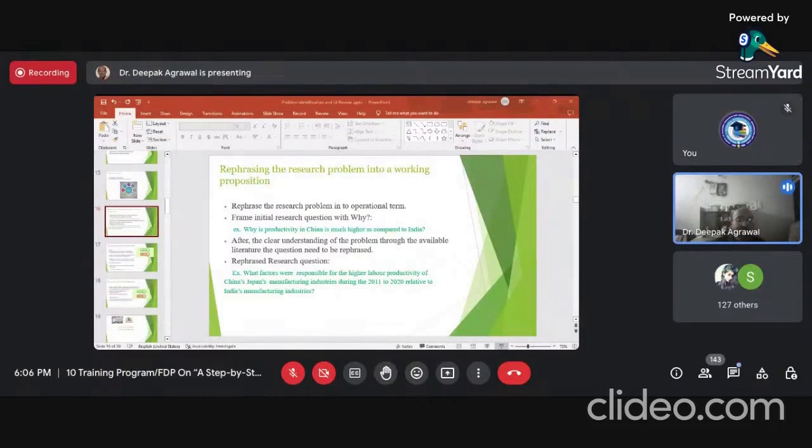We have gone through the various literatures, we have collected those data, and now once we are formed with this problem, we should again rephrase this research question in the form of, for example, what factors are responsible for higher labor productivity of China's manufacturing industries during 2011 to 2020 relative to Indian manufacturing industries.